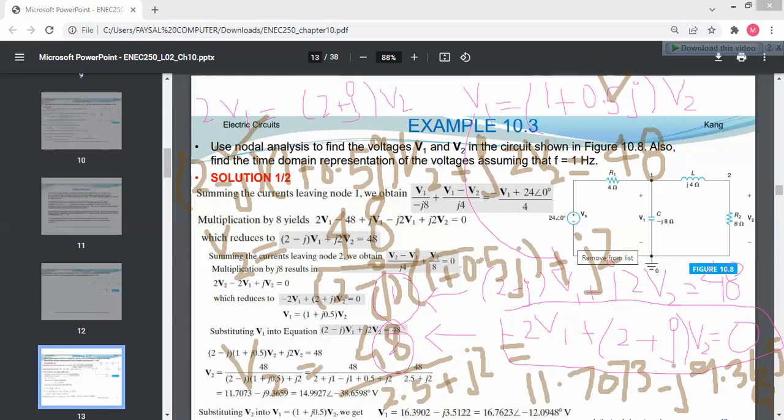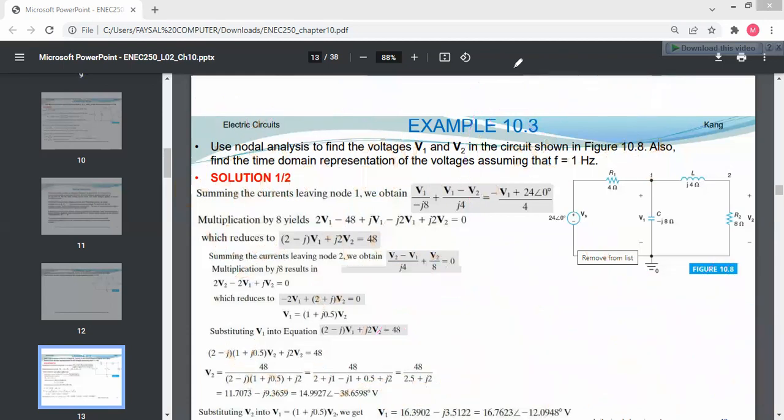So after this, I have to convert this form into my polar form, with the angle. So my angular form will be, I have to erase all this.